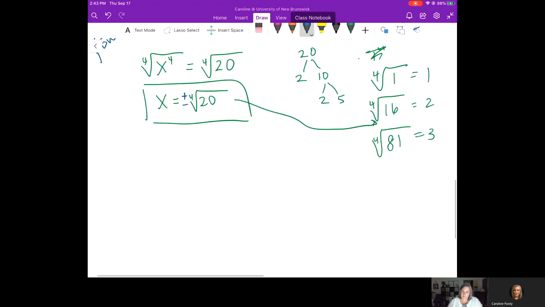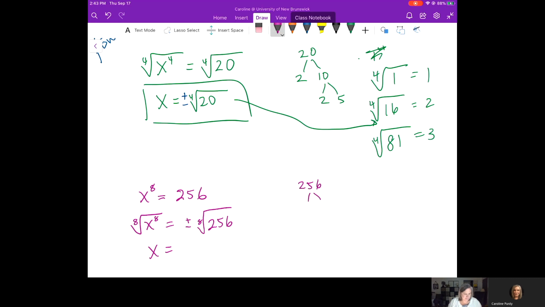Okay, so let's just look at that again. If we were doing x to the 8 equals 256, then we take the 8th root of both sides. But because it's an even power, we need to remember the plus or minus. And 256, let's see if the 8th root works.